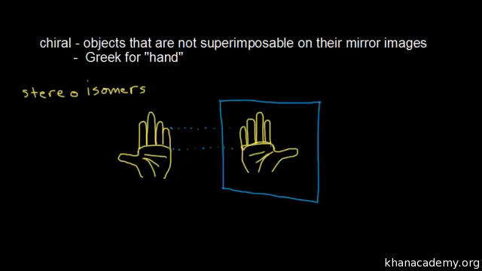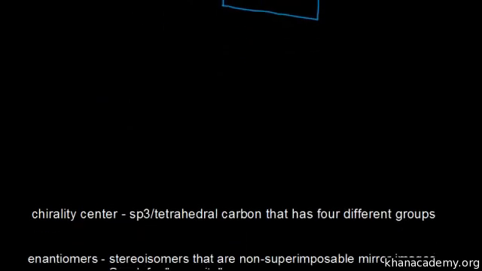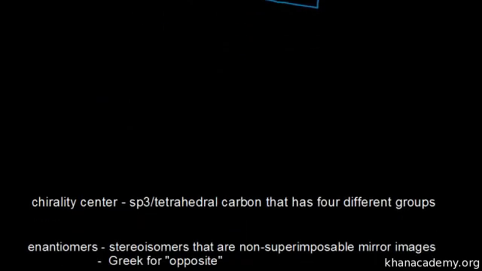Let's apply this concept of chirality to an actual molecule. So let's go ahead and draw a picture of a molecule, and let's put carbon attached to fluorine, attached to a hydrogen, attached to a bromine coming out at us in space, and then a chlorine going away from us in space. So I need to draw the mirror image for this molecule.